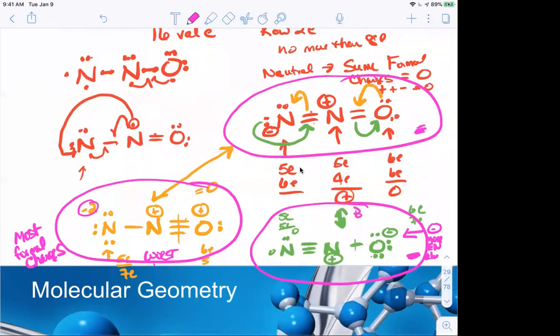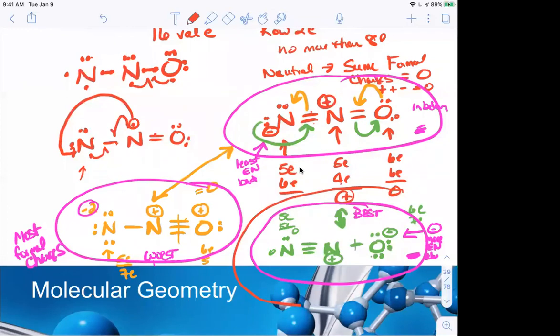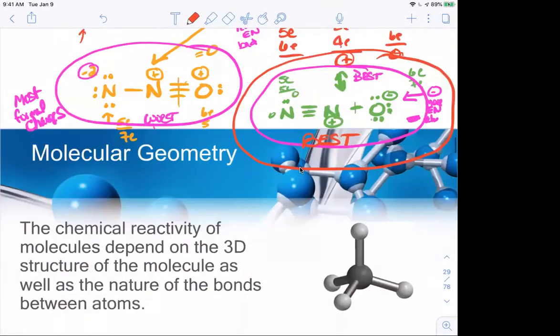So this is the best structure, and this is in between, because even though I have only two formal charges, my negative charge here is on the least electronegative atom, which is worse than the one on the bottom. So to summarize, this one is the best structure of the three, if you had to assess that.